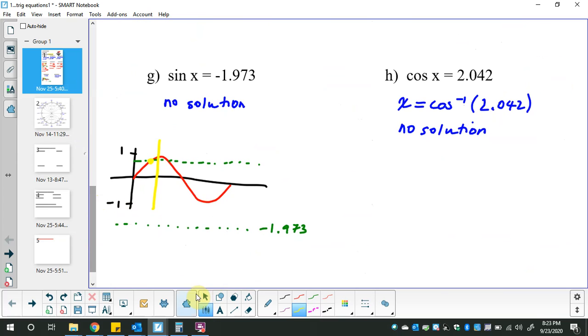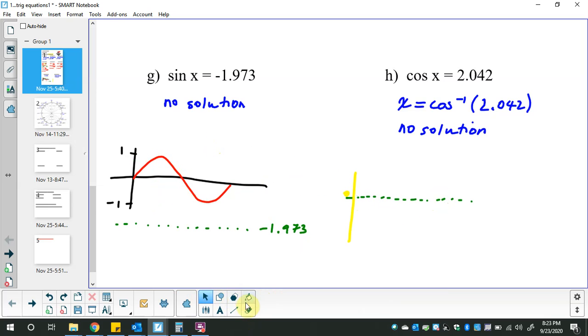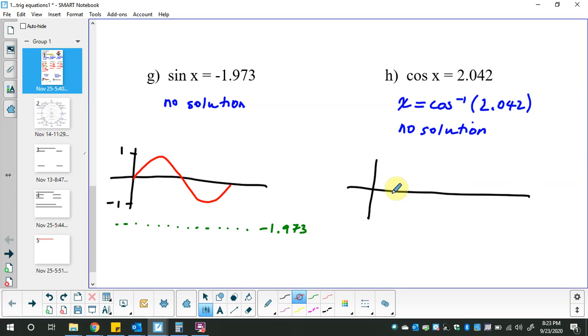So does that explain to you why H has no solution? Because it should. If you think about the cosine curve without any transformations whatsoever, it is also trapped between 1 and negative 1.